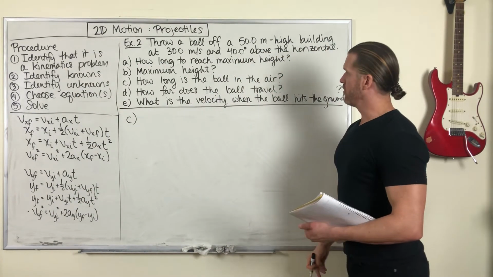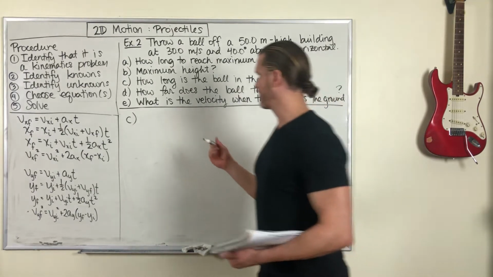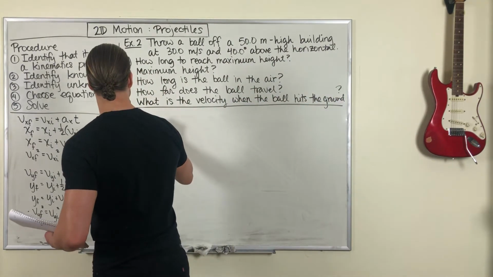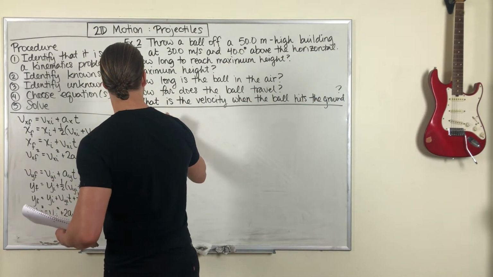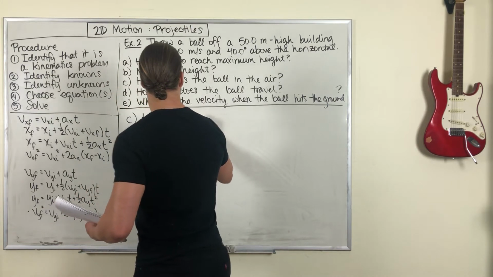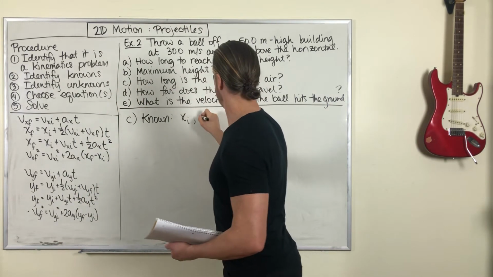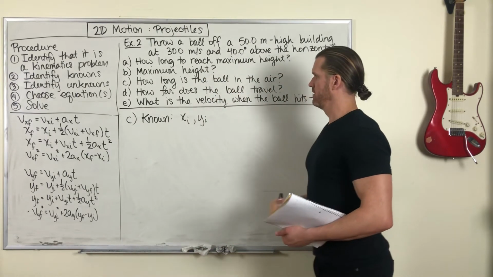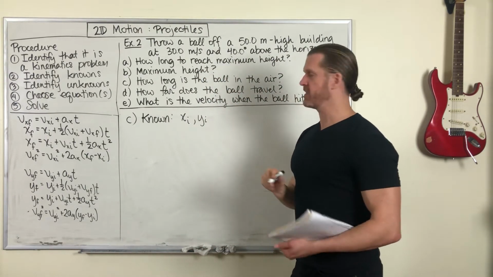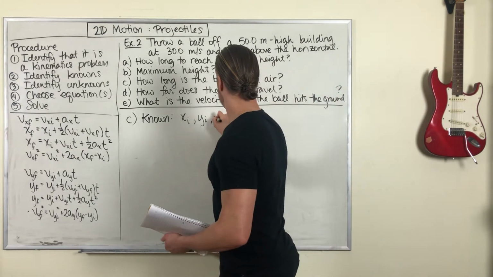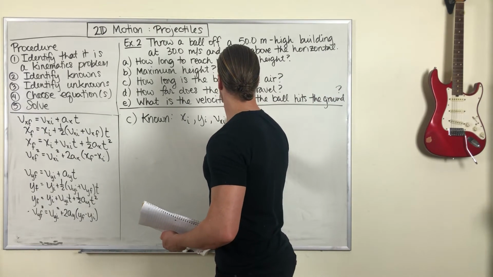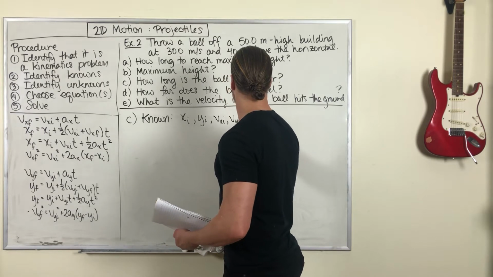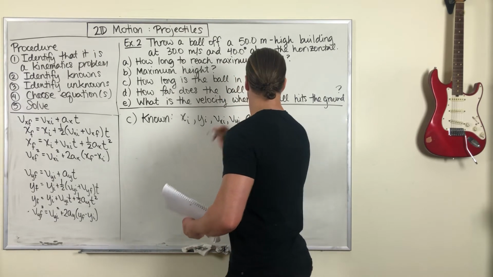So part C, how long is the ball in the air? Let's list our known quantities, keeping in mind our new final situation. We still know x initial and y initial. X initial is 0, y initial is 50 meters on top of the building. We know Vx initial, Vy initial, Ax, Ay.